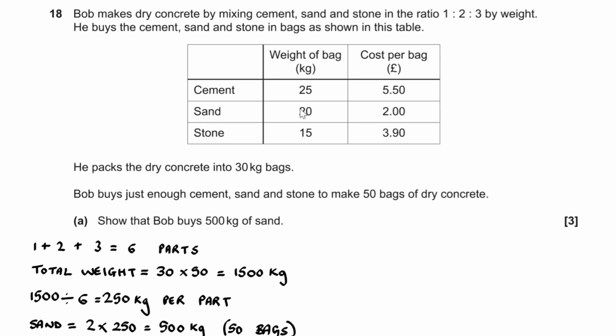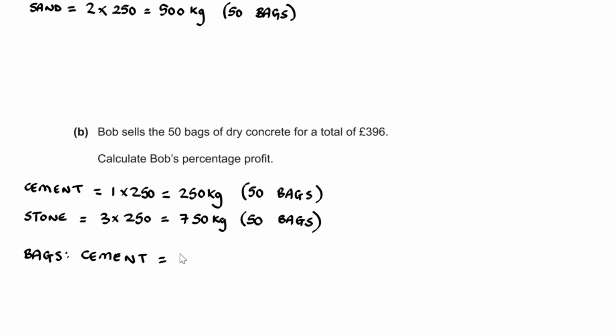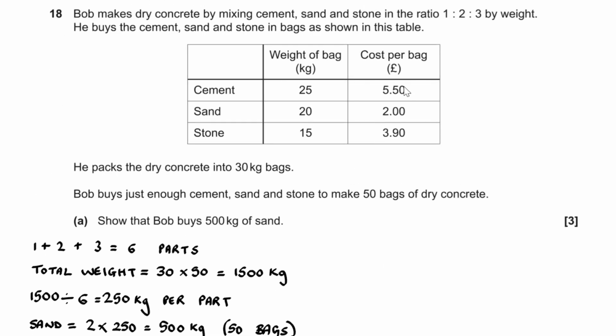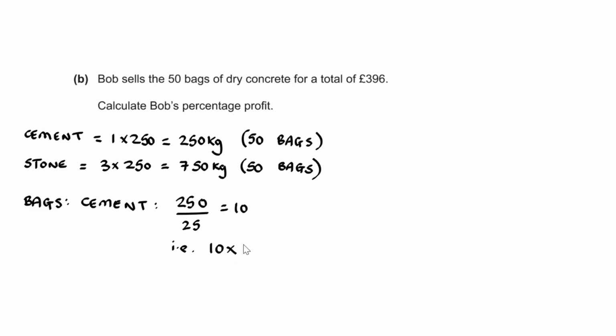So what we need to do over here is divide 250 by 25. So 250 divided by 25, that's equal to 10. And therefore, the cost here, we would have 10 multiplied by 5.50, which is £55.